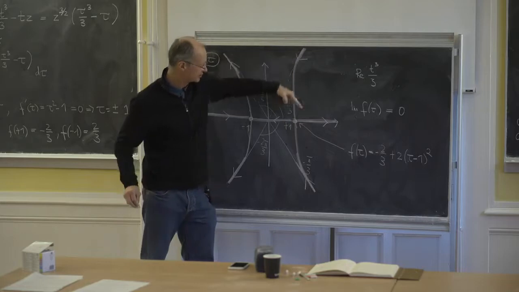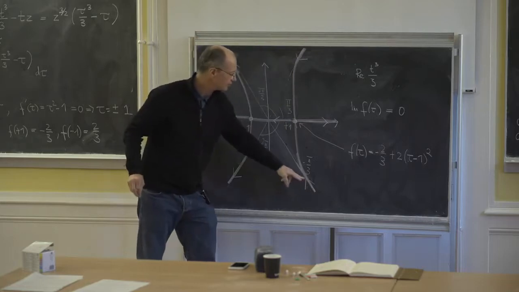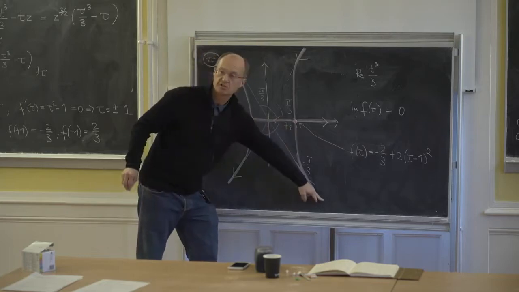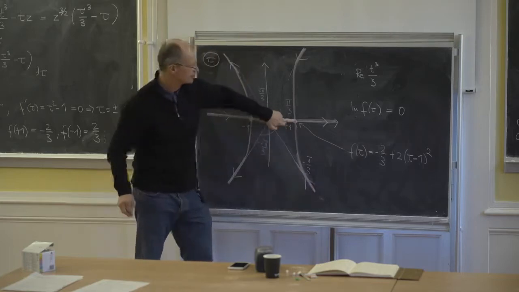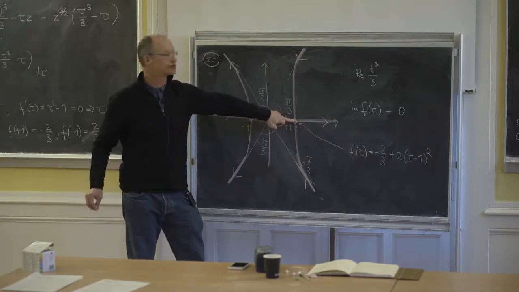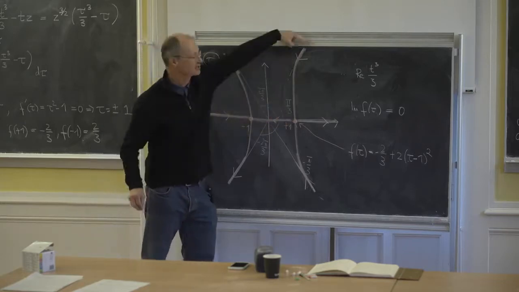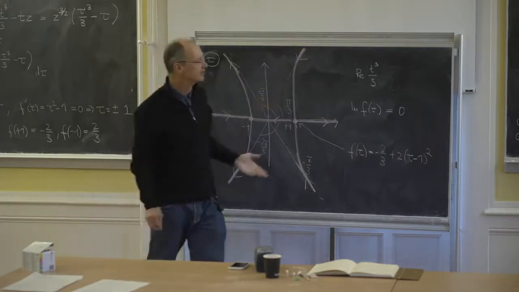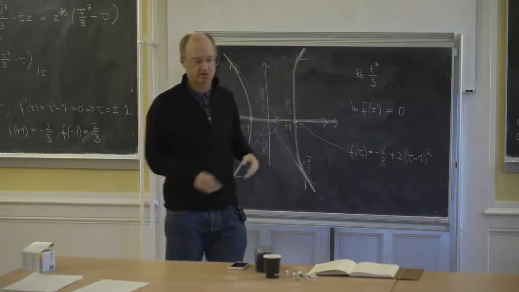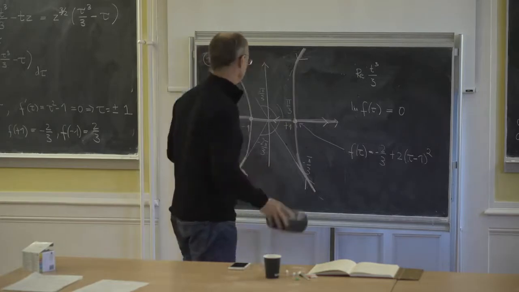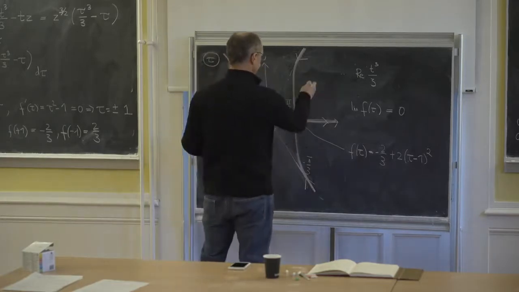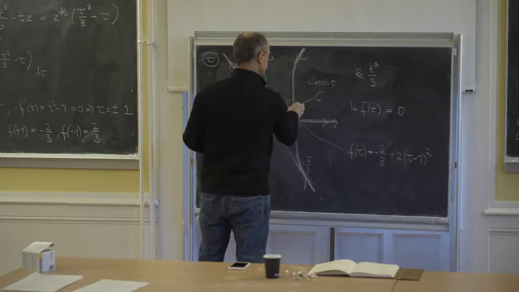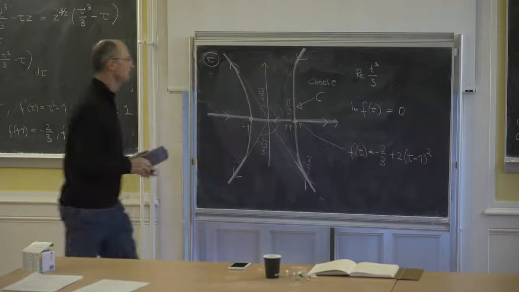The function increases from minus infinity, reaches the maximum at minus 2/3, and then decreases again back to minus infinity. So it fits perfectly the conditions of the steepest descent method. So let's choose C to be that line.